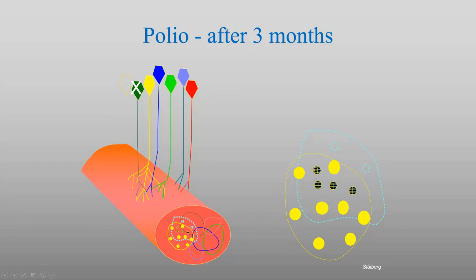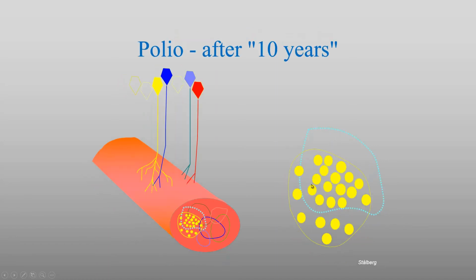But the others are small, and you see fewer because now the yellow has been taking over these denervated muscle fibers. And what we see here is that the yellow survivor has taken over a lot of the muscle fibers that are denervated around them. And this will become 10 times, 20 times the normal size.